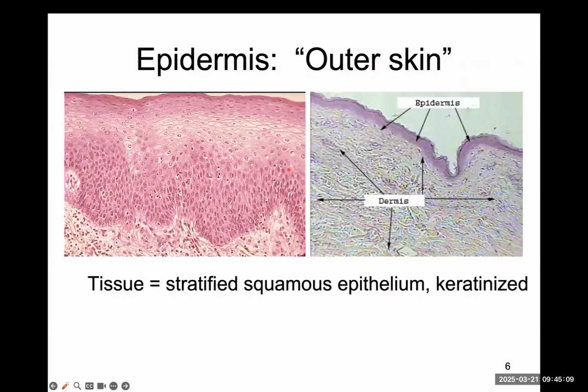This is what epidermis looks like under the microscope. The epidermis is comprised of stratified squamous epithelium. And you should know what that is by now. The reason why it's called that is because this layer right here, I don't know if you can see it. Let me try to mark it for you.